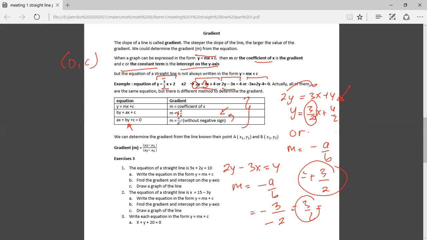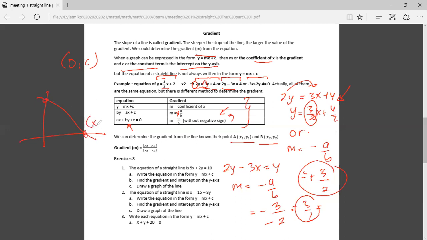So that is how we can find the gradient from the equation. And then the second one, we can find the gradient from the graph. How can we find the gradient from the graph? We need to decide the points. So if we have a graph, find the points over there.